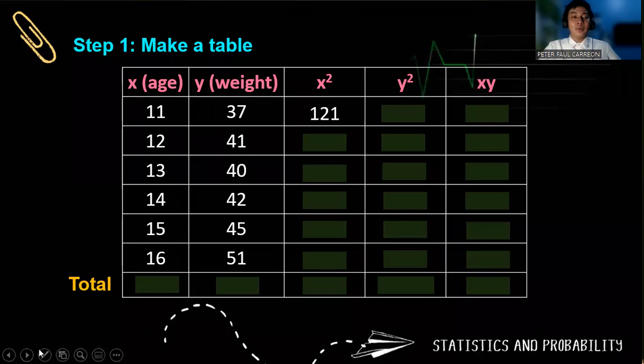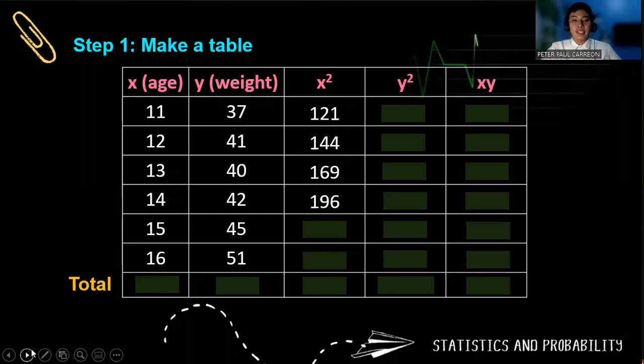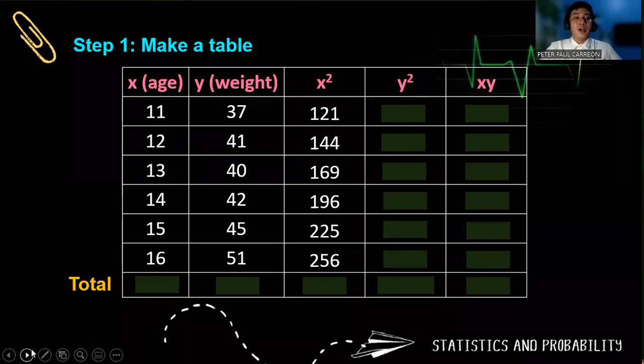So we have 121, 144, 169, 196, 225, 256. Next, we get the square of the second column to complete y squared.